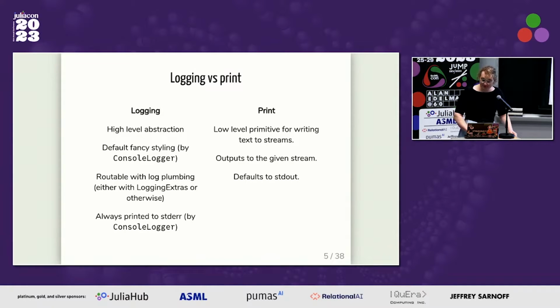It's routable, which I will talk about for most of this talk, which you can use Logging Extras for or an otherwise customized logger. And at least if you're using the console logger, it's always printed to standard error, which is important if you're building some command line tool designed to pipe things between each other, because you don't want it to be on standard out or it'll mess up your piping. So mostly logging should be preferred when it's the appropriate tool, which is not surprising. That's almost in the definition of appropriate tool, I guess.